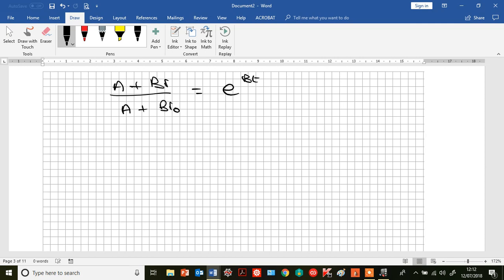So we can cross multiply both sides by this term here, A plus b r naught, and so we get A plus Br equals, and I'm actually going to multiply it out because it helps to skip a step in simplifying. So we've got A e to the bt plus b r naught e to the bt, right?